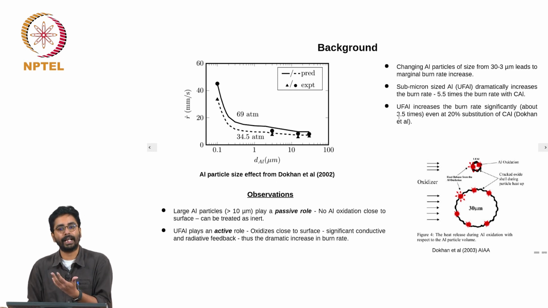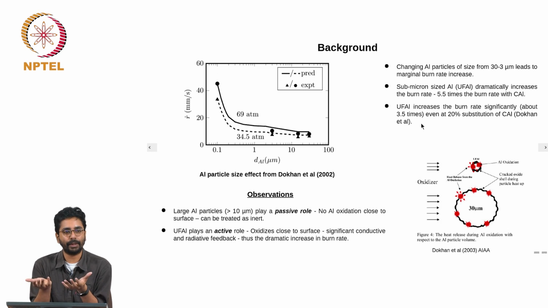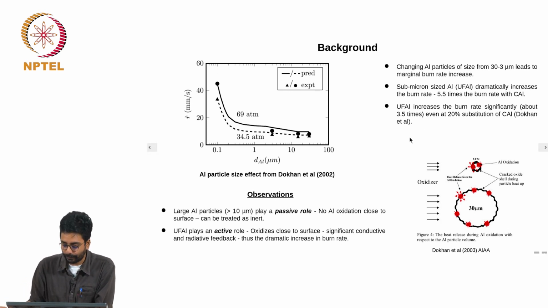Instead of 5.5 times, about 3.5 times, even at 20% substitution of the conventional aluminum. 20% of the 18% aluminum was substituted with ultrafine aluminum, and they found a burn rate increase of 3.5 times. Okay. What does this mean?